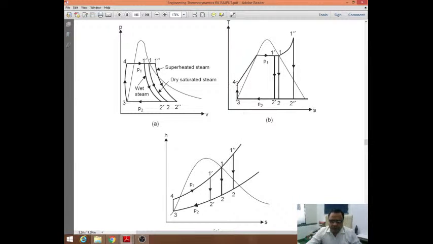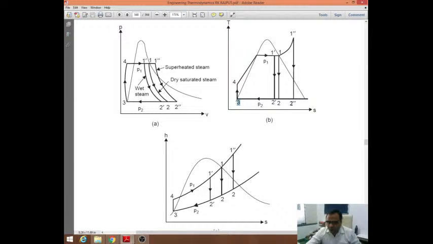Temperature of point 4 is different than temperature of point 1 double dash or point 1 dash or point 1. Similarly, the heat rejection temperatures here are the same because it is happening in the wet region only. So temperature at point 2 double dash is equal to temperature of point 3.